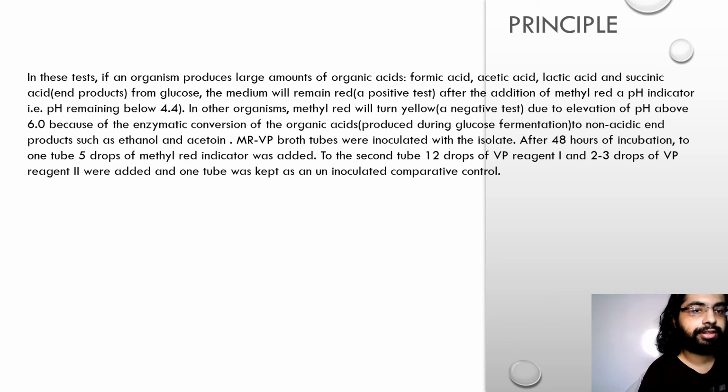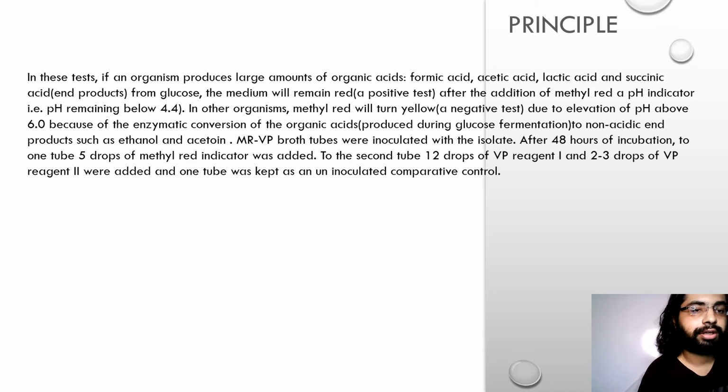In other organisms, methyl-red will turn yellow, a negative test, due to the elevation of pH above 6 because of the enzymatic conversion of the organic acids produced during glucose fermentation to non-acidic end products such as ethanol and acetone.